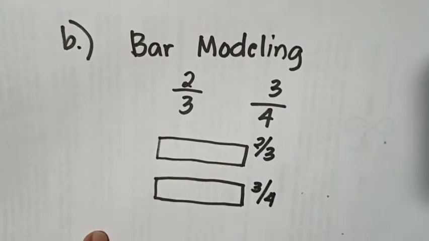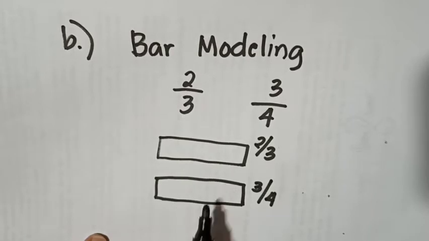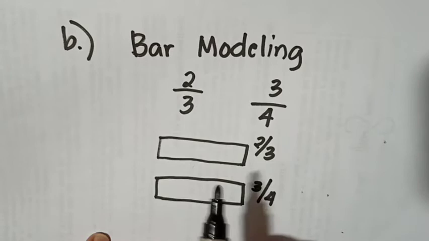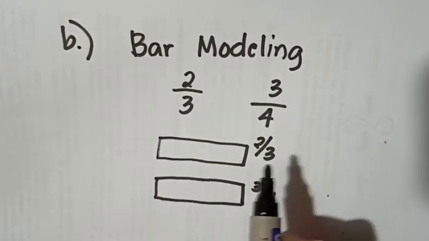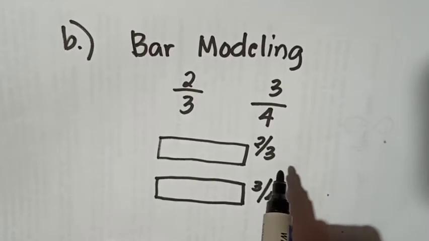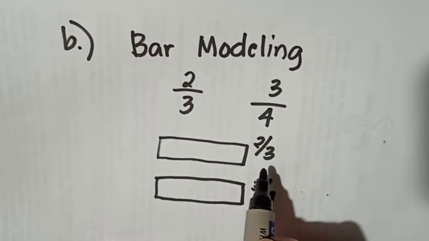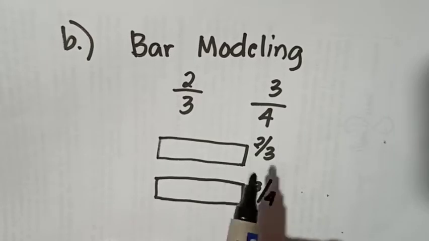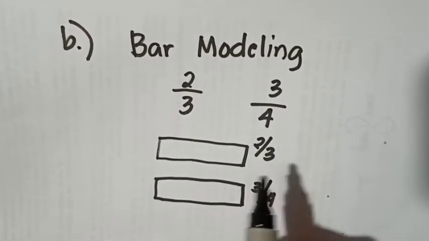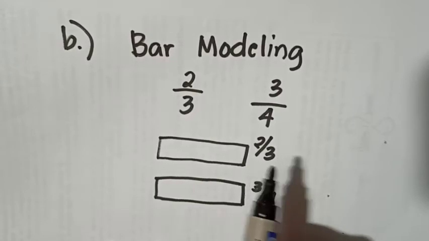In order to determine their difference, let us look at their denominator first. With this first fraction, the denominator is 3, meaning I have to divide this bar equally by 3 because later on, we will be shading some parts of this 3, or meaning I will be shading a part of a whole.